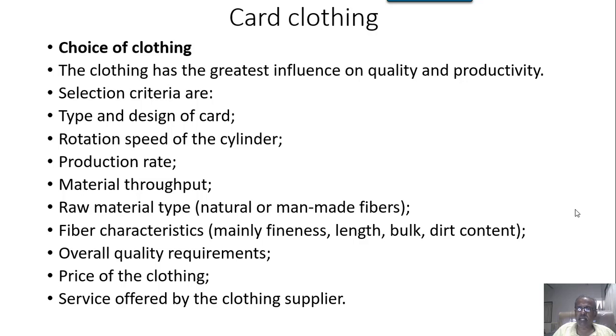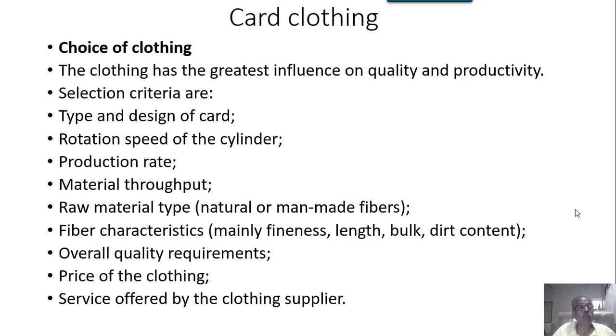As I have stated, the height of the card wire, which is provided on different elements, Lickerin, cylinder, doffer, etc. Wire height will be different, angle will be different, back angle will be different, their finish will be different. So various things are related to this particular thing.